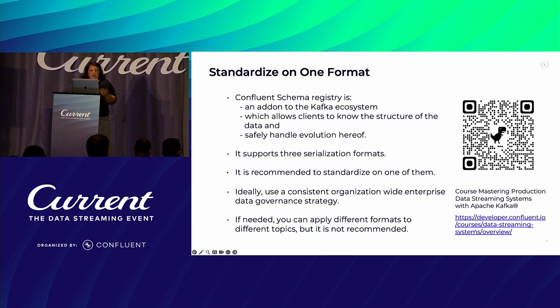So I would like to conclude my presentation with a summary of what Schema Registry is, that it's an add-on to the Kafka ecosystem, which allows clients to know and handle the evolution of data and supports 3 serialization formats, and with a recommendation to use a consistent organization-wide enterprise data governance strategy and not mix data formats within the same topic at all. And if needed, different formats can be applied to different topics, but do consider whether the advantages of doing so outweigh the valid complexity.